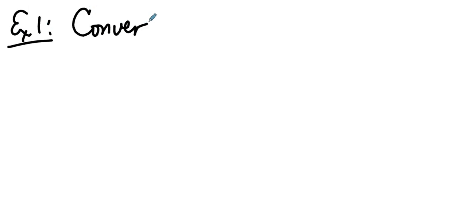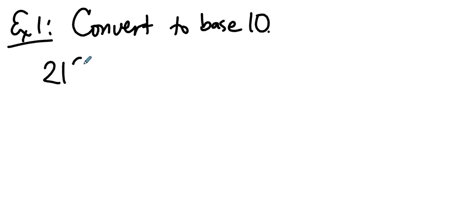Let's convert to base 10. Let's take this number 213 in base 4 and convert that to base 10. Now we remember that in base 4 all of the place values are powers of 4. So this is 4 to the 0 and this is 4 to the 1 and this is 4 to the 2.